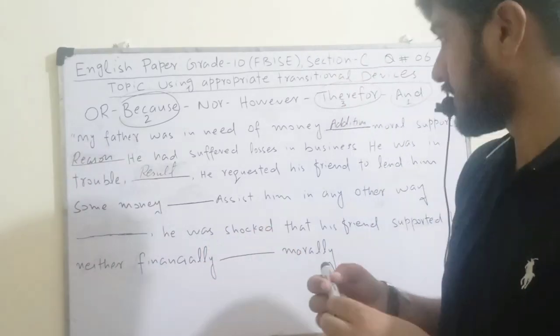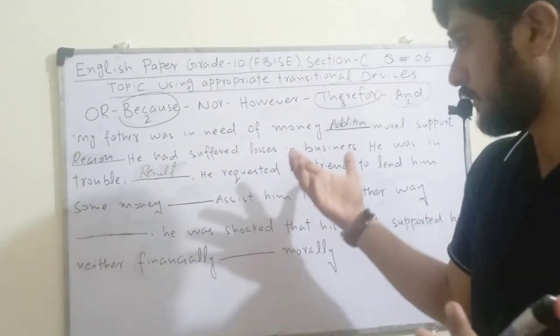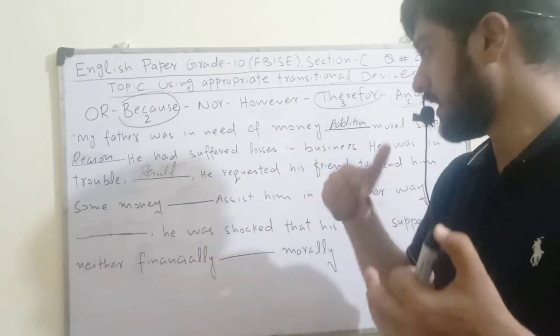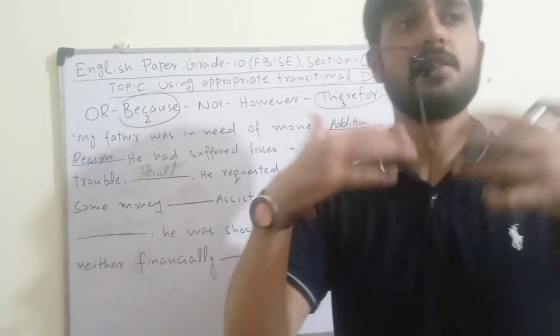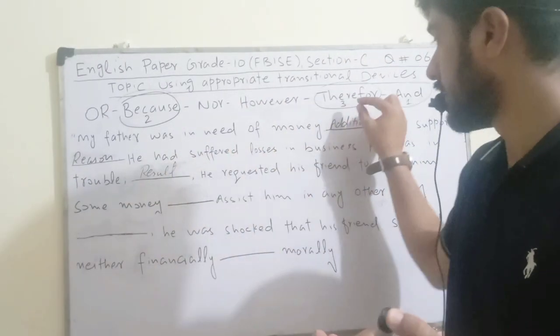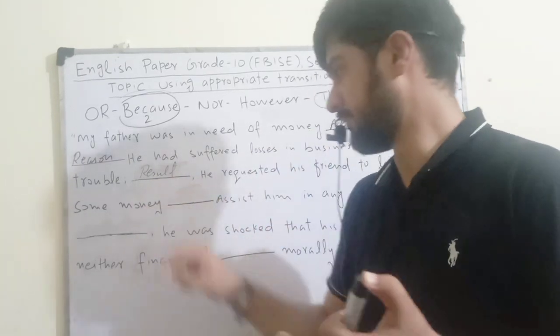This was the result of lending money from his friend, because he suffered losses. So as a result, he requested his friend to lend him some money. This was the result. So we use "therefore" as a result. This is transitional device number 3 that we put in this field.